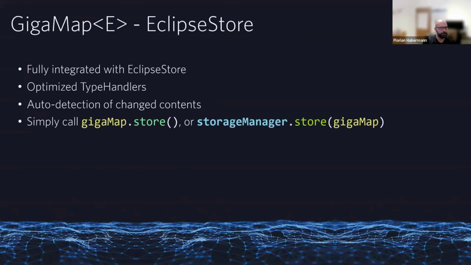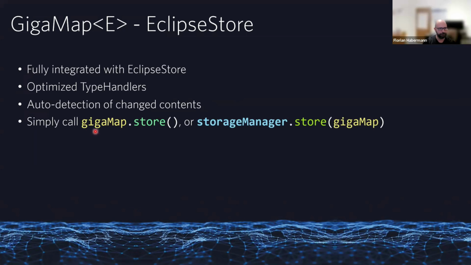And of course, the GigaMap is fully integrated with EclipseStore. It brings its own specialized type handlers for an efficient storing. It has a built-in detection of changed content. So it doesn't matter if you update elements in a GigaMap or remove or add elements.